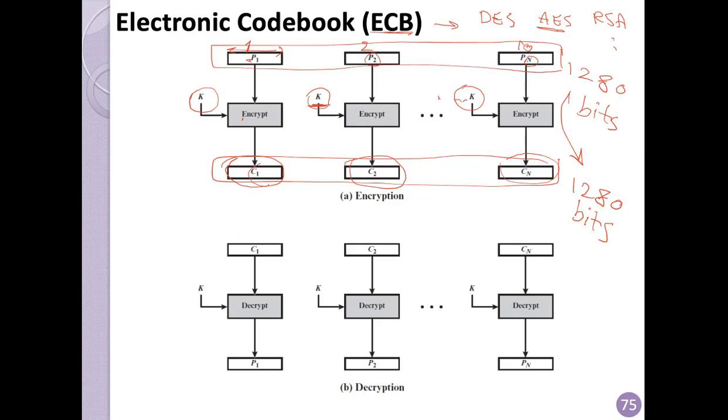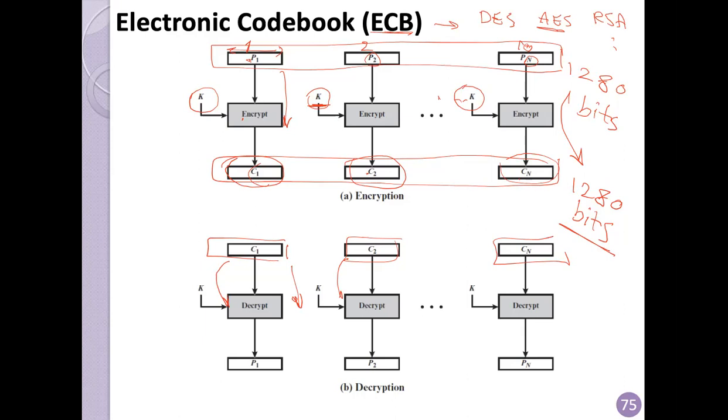When it comes to decryption, it's the same thing. You break the ciphertext into blocks of 128, and every 128-bit block is decrypted separately. As you see, there is no relation between adjacent blocks in terms of encryption and decryption. Every block is treated as a separate entity.